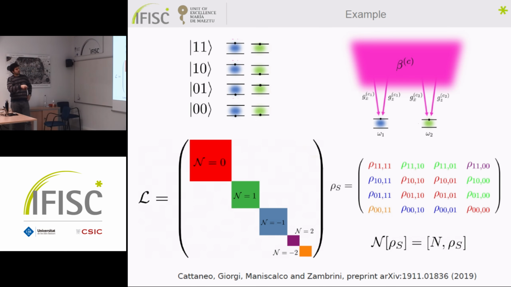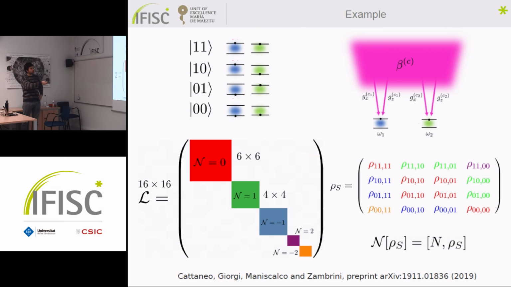So you see that these elements now appear in the Liouvillian superoperator as a matrix in blocks, in the sense that where here it's white, you have nothing. So before it was a 16 times 16 matrix, the Liouvillian superoperator. Do you agree? Because the density matrix as a vector is 16-dimensional, so the matrix acting on it is 16 times 16.